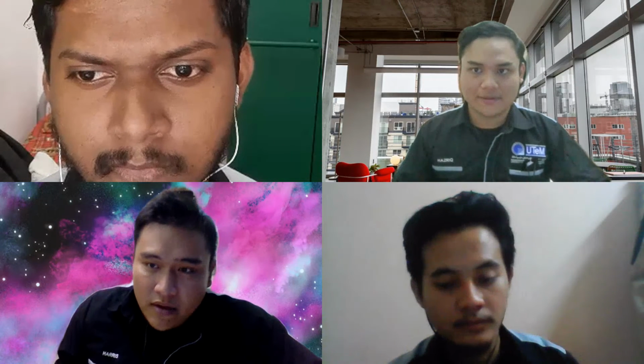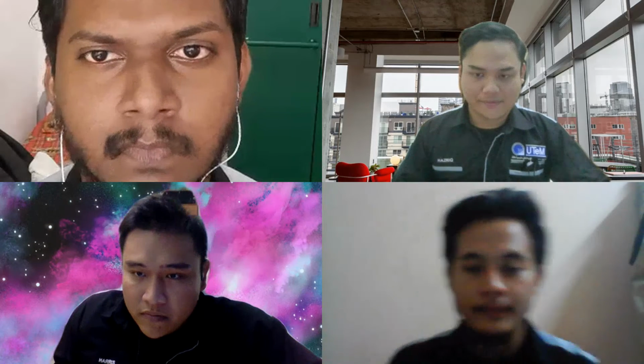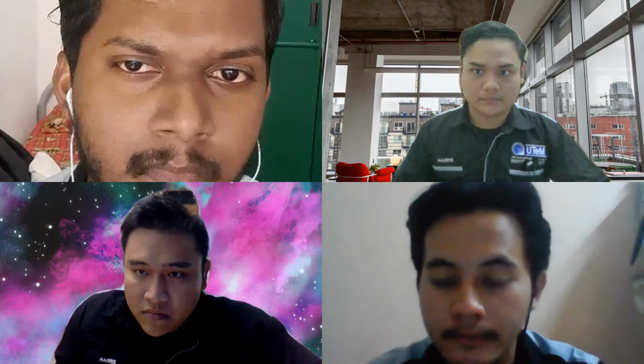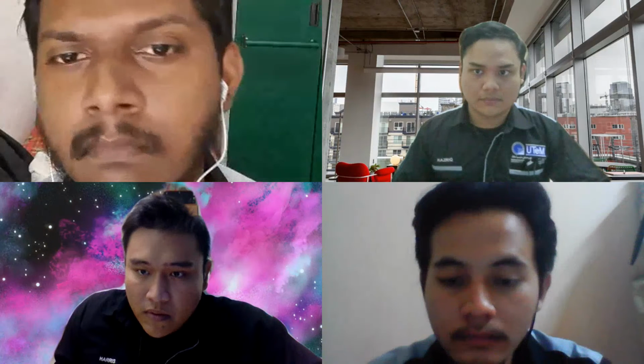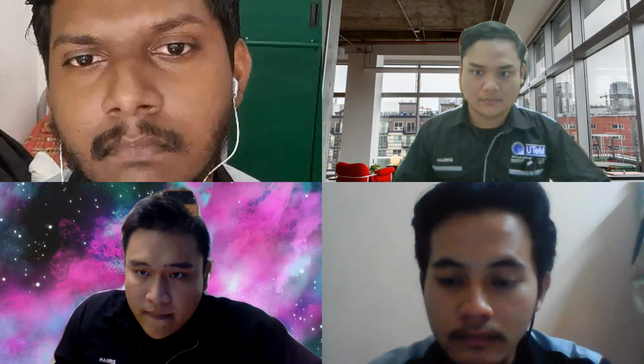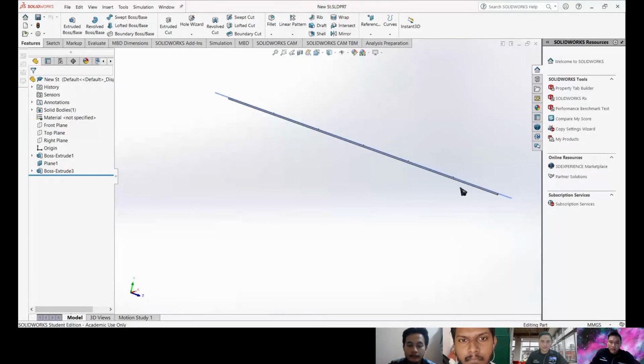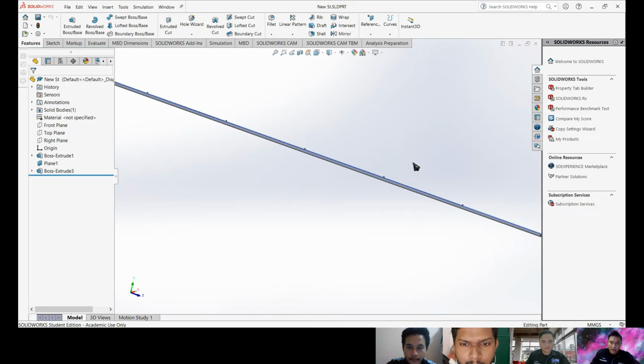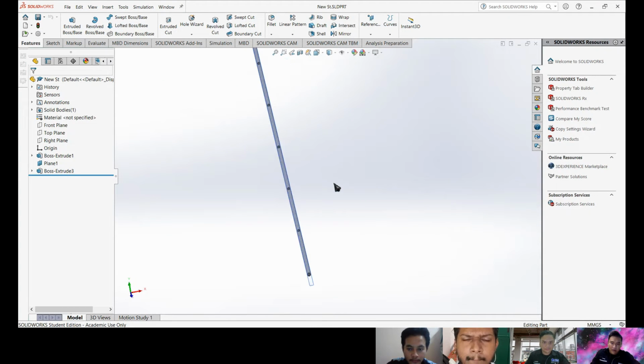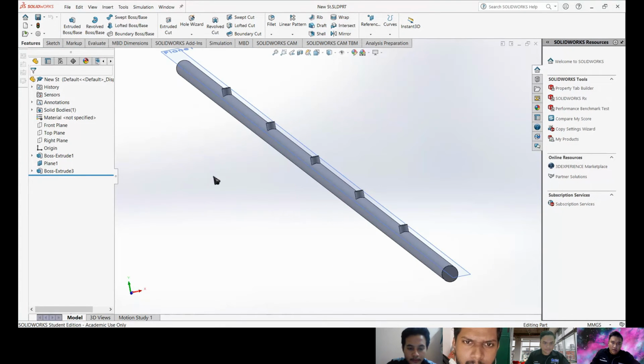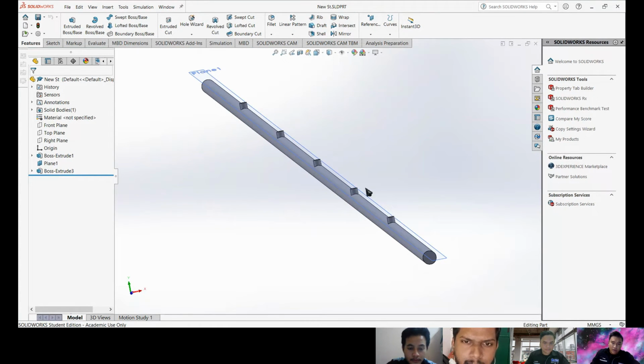This is the first design, for the straight line. As you can see, it has five different holes for the experiment.